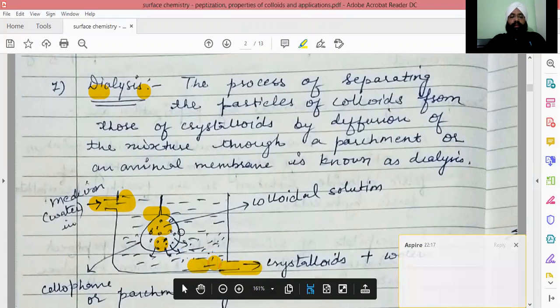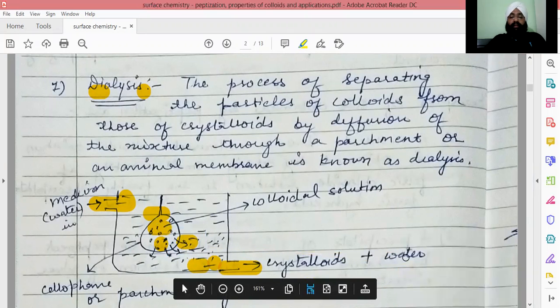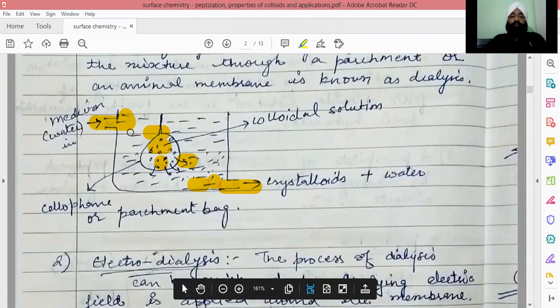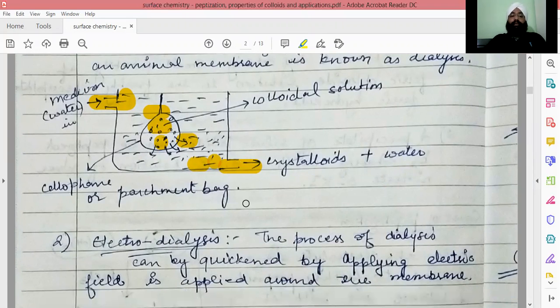During this process, the membrane selectively allows the crystalloid particles to move out and does not allow the colloidal particles to go out. So with the passage of time, the dispersion medium takes away all the crystalloids from the sample, and the sample becomes pure.